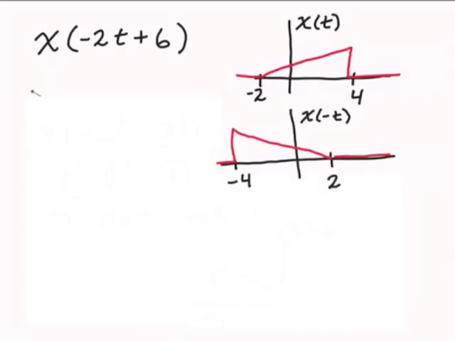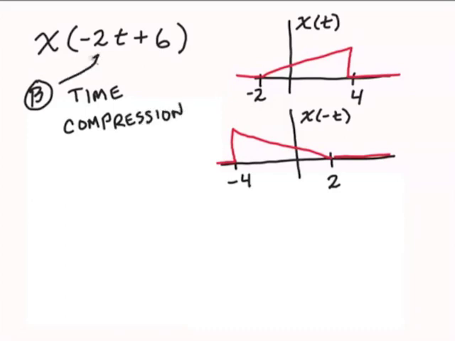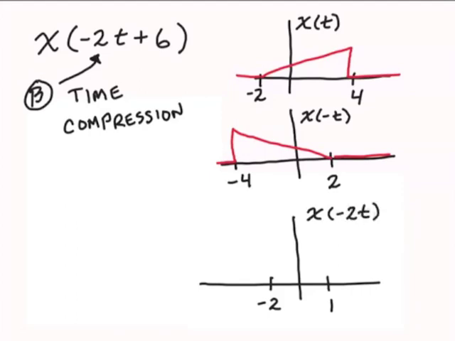Now that we have x of minus t, let's do the time compression operation, operation B. This compression is by a factor of 2, which means the whole waveform is going to be squeezed toward t equals 0 by a factor of 2, and that will give us x of minus 2t, which extends from minus 2 to plus 1.